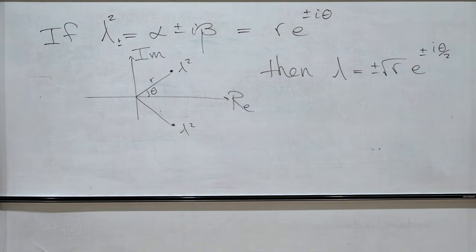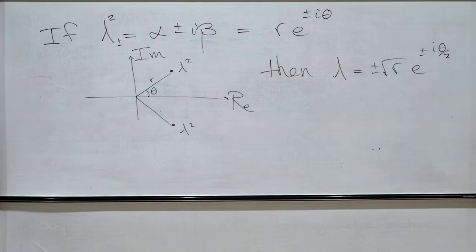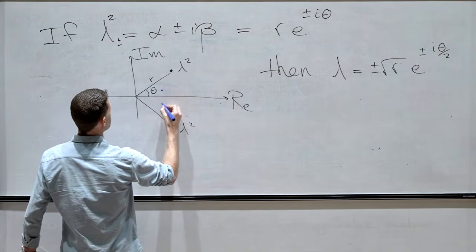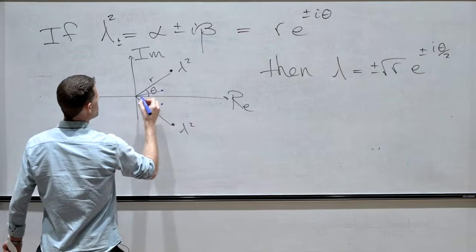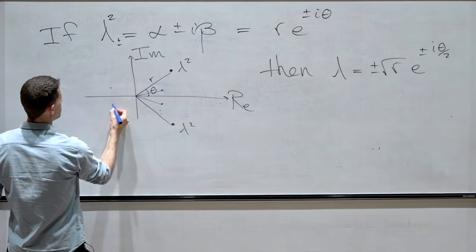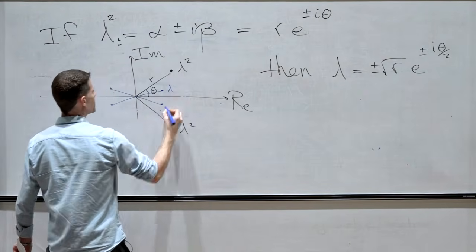So where are those roots living? In the square root, I'm chopping the angle in half, square rooting the radius, but I'm getting a plus minus. So those come to, say, here and here, but also here and here. So those are my lambdas.